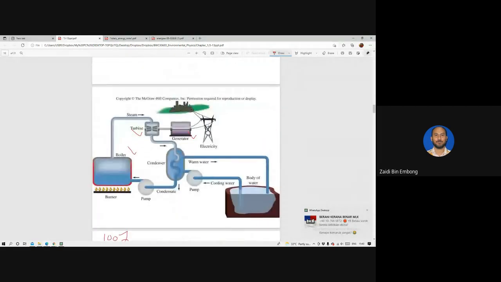From here, the electrical current that you get from here, maybe you get about, let's say, 100 volt produced.